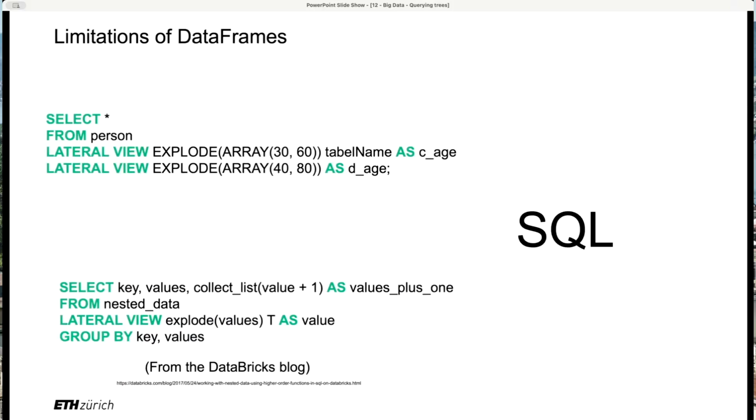And so to illustrate that I wanted to show you examples. So for example, this is Spark SQL with lateral views. You remember that lateral views are there when you have nested tables inside the tables, and you want to put it in first normal form. You have nested data, and you want to normalize it into the first normal form.